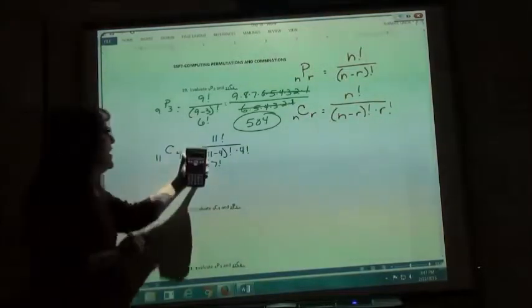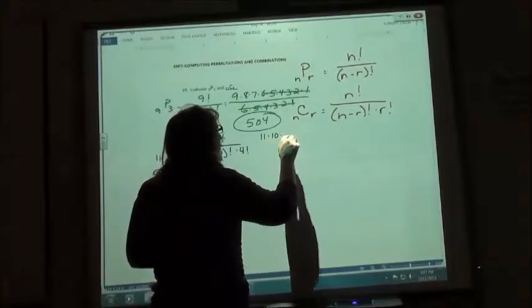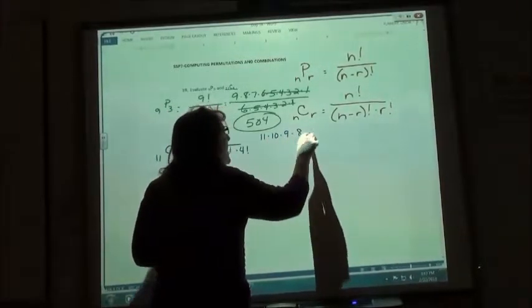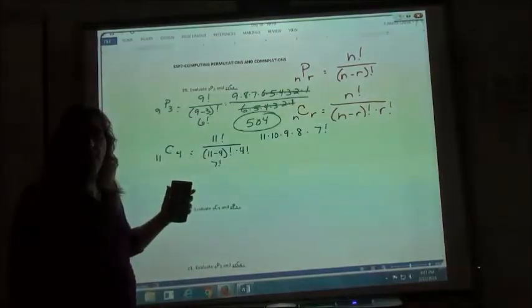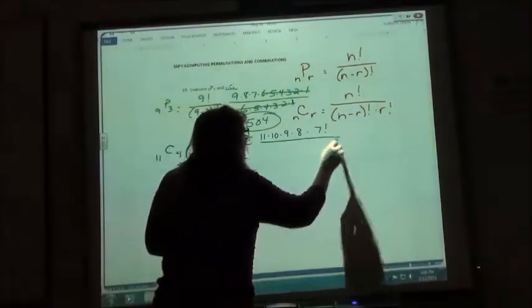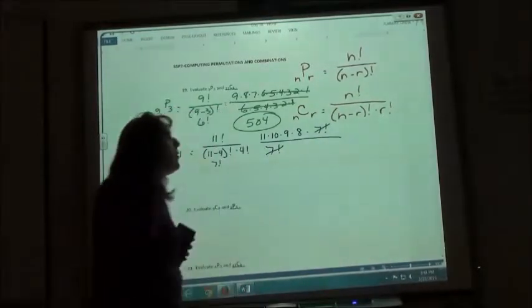So, when I think about this, 11 factorial would be 11 times 10 times 9 times 8 times 7 factorial, because it's 7, 6, 5, 4, 3, 2, 1. Since I already have a 7 factorial, I'll be able to cancel those out.